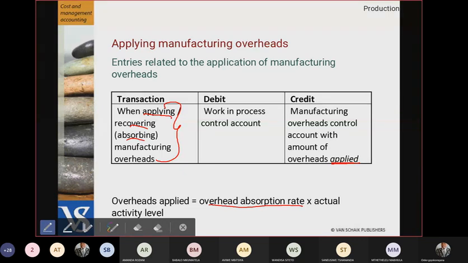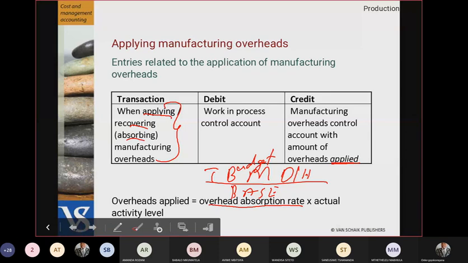You always take your total budgeted manufacturing overheads, then you divide by the base that is given for you, and the base is also going to be the budgeted one to get that rate. Hence, we say it's based on the budgeted information, the amount that we attach to our work in process account. So that's what we need to notice when it comes to manufacturing overheads.